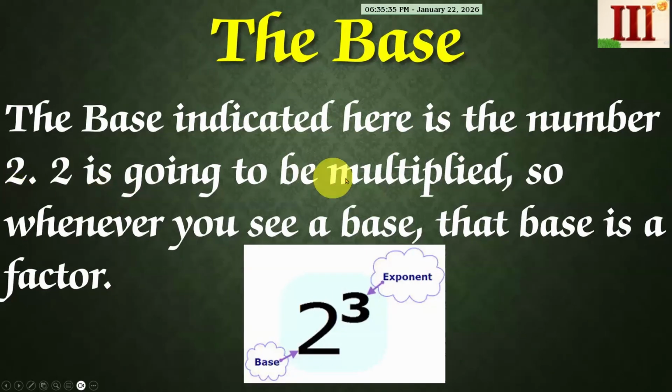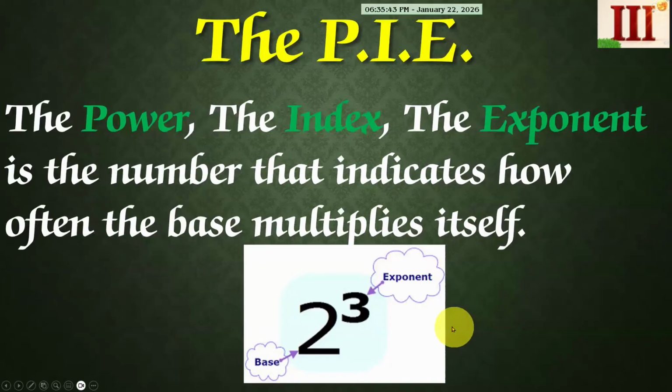So 2 is going to be multiplied. 2 is the factor. So whenever you see a base, that is the factor. Now, when you get to the smaller number, which is called a superscript, you can think of the word PIE: power, index, or exponent.